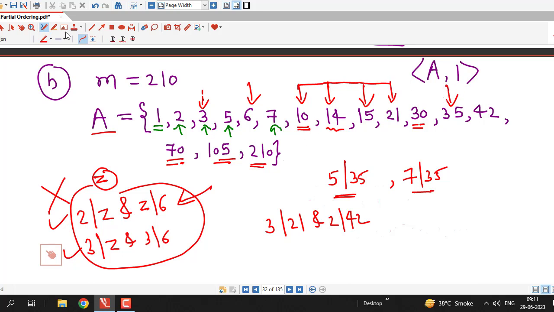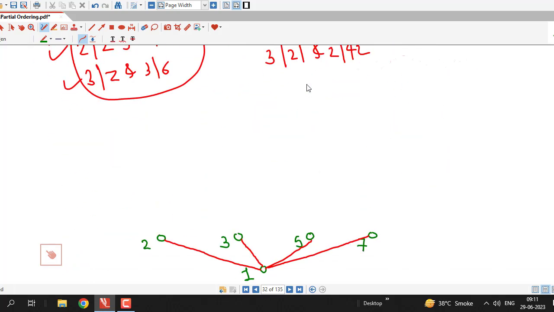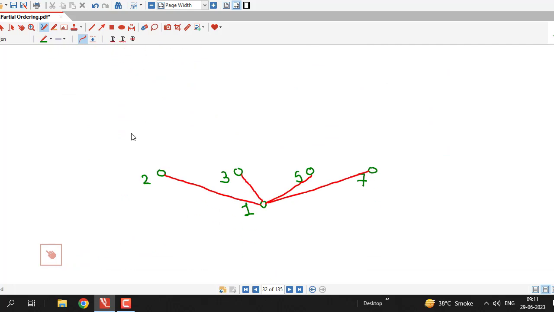So we draw the circles for this 10, 14, 15, 21 and 35. 5 circles and 6 also, 6 circles. So I have to draw the circles for all of them above the circles of 2, 3, 5 and 7.